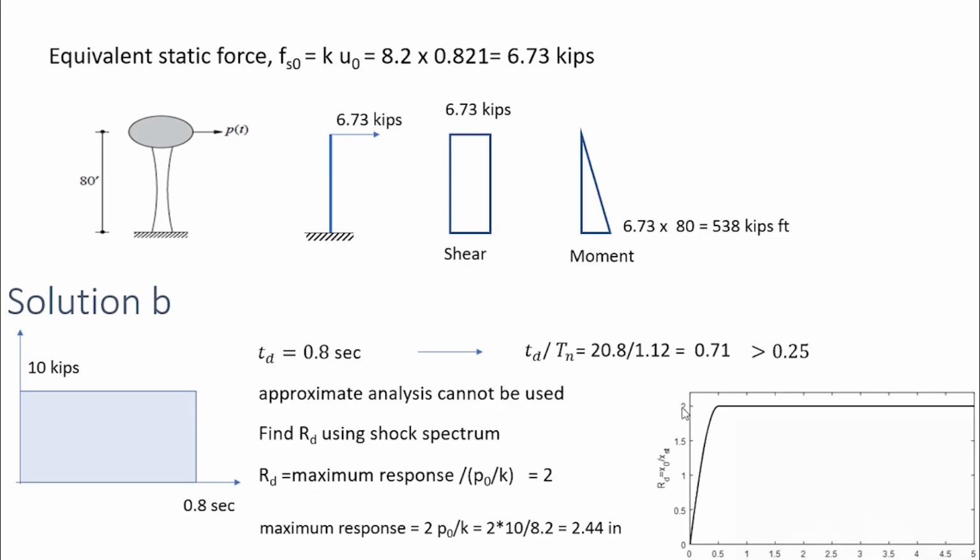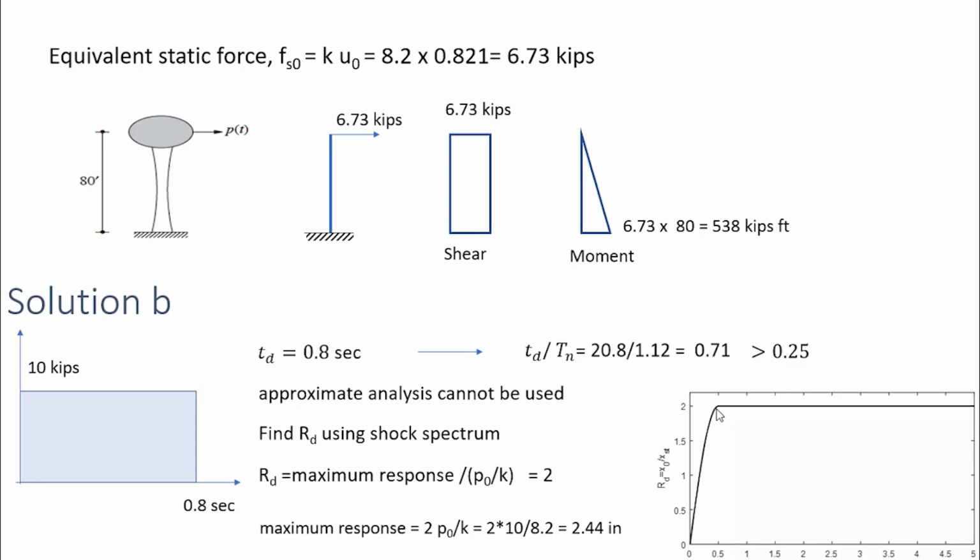So this was the overall maximum response spectrum for a rectangular pulse force. We have drawn this before. We will use this now and find the value of RD for TD by TN equal to 0.71.